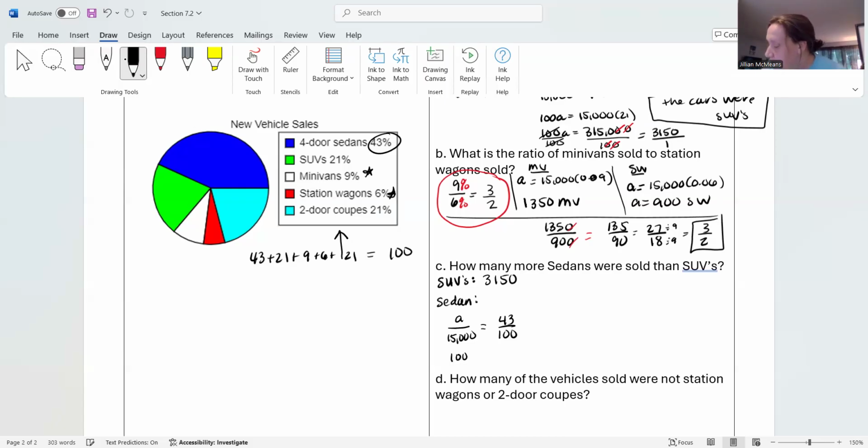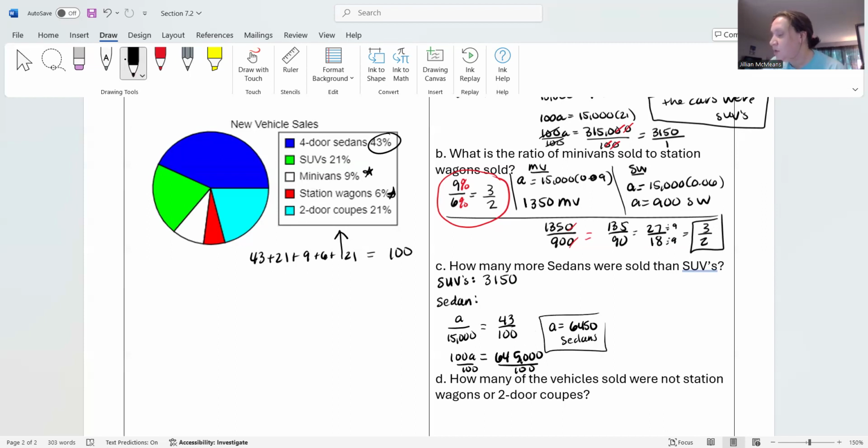So we get 100A equals, well, I need to take 15,000 and multiply it by 43. So that's 645,000. We divide both sides by 100, and we get A is 6,450 sedans.